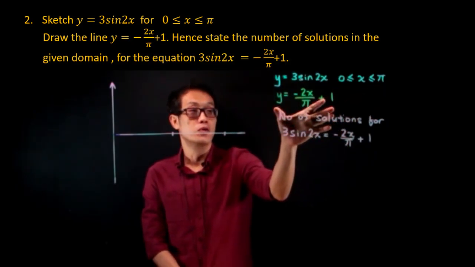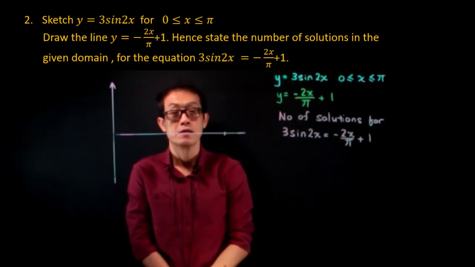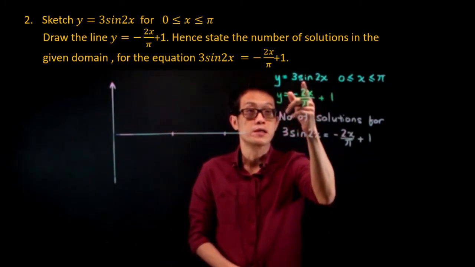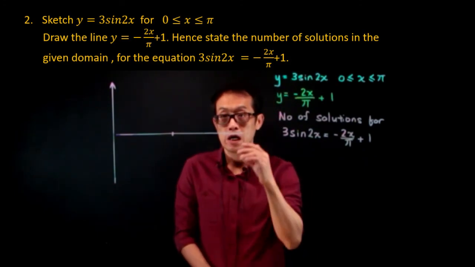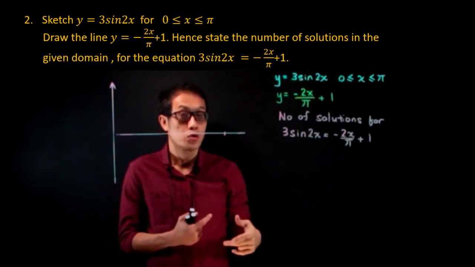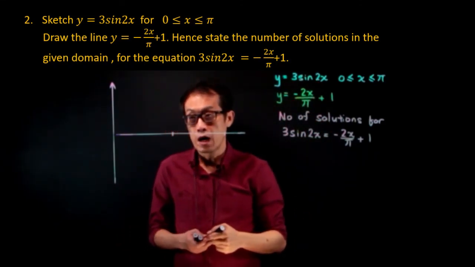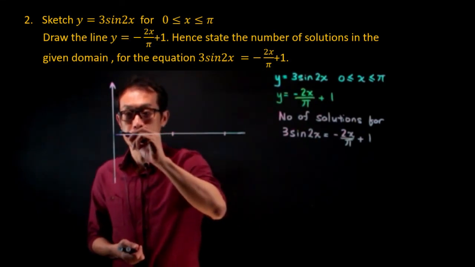After that, you are also asked to draw the equation of this line. Let's begin by drawing the sine function first. As you know, the sine function has a period of 2 pi. So this is how the sine function looks like.